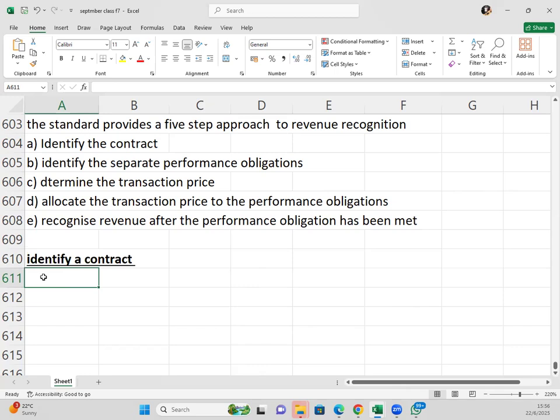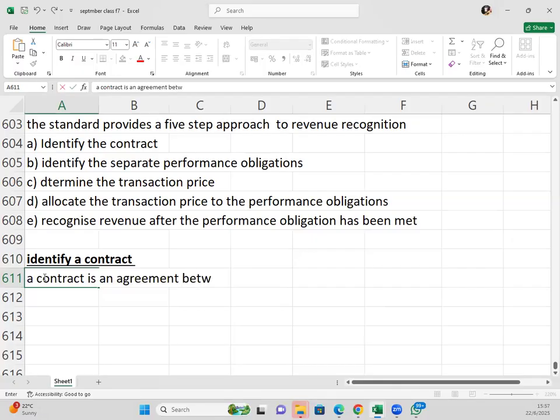A contract is an agreement between the buyer and the seller.